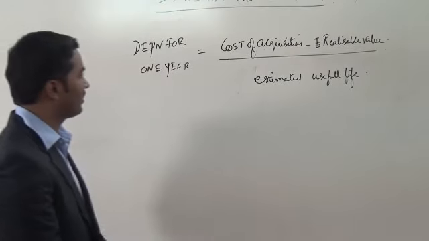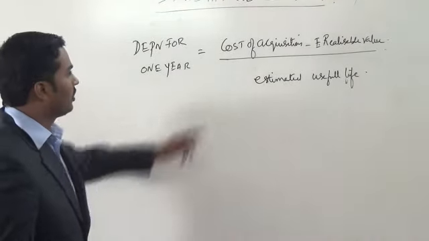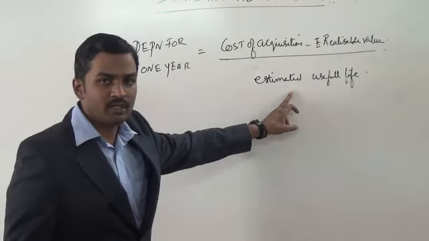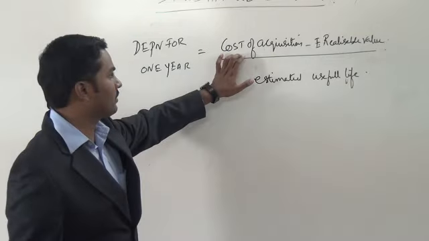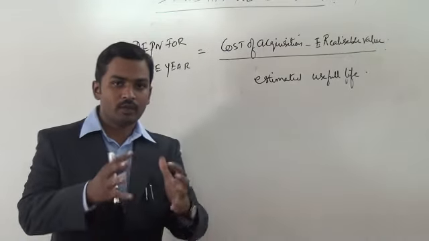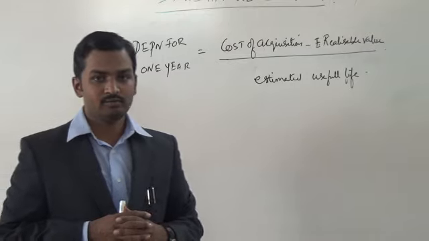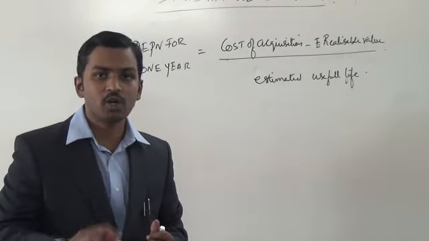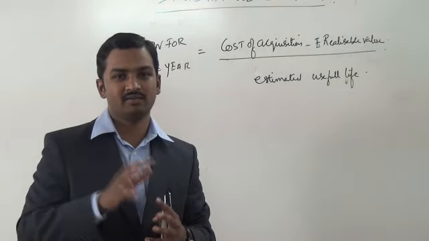Now, let us see the formula here. What are the parts of the formula? Cost of acquisition minus estimated realizable value divided by estimated useful life. What do you mean by cost of acquisition? When you are buying an asset, when you are buying machinery, you are going to incur some costs. We are going to spend some money.